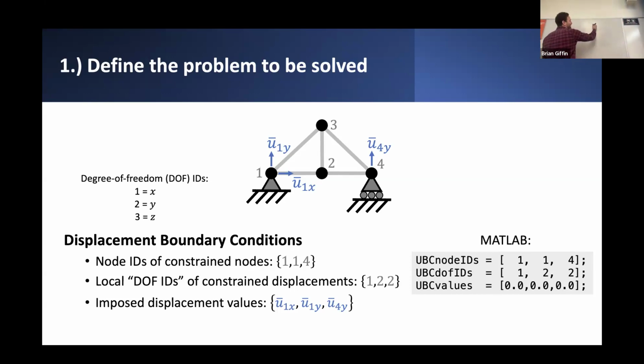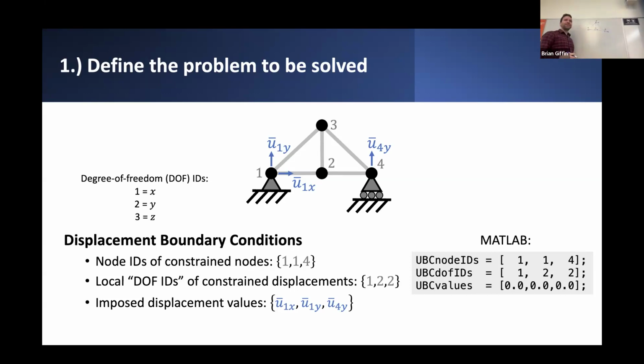If I said for this problem, I could define it in terms of which node is constrained and which local degree of freedom for that node is constrained. Alternatively, I could explicitly label these things with particular degree of freedom IDs.